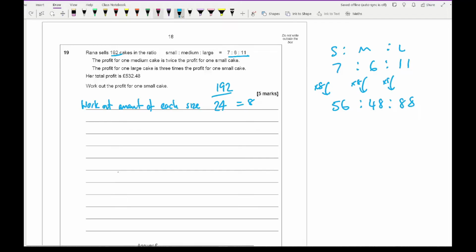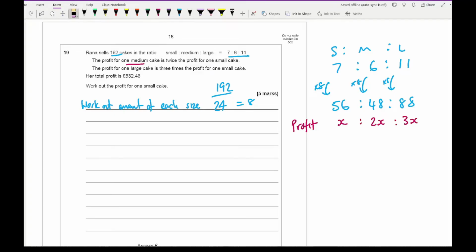Now in terms of the profit, if we imagine that one medium cake is twice the profit of one small cake, so if the profit is x for a small cake, then the profit for a medium is going to be 2x, because it's twice the amount of profit. And the profit of one large cake is 3 times the profit of one small cake, so that's going to be 3x.